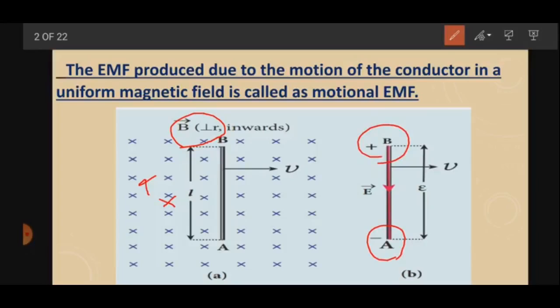Because of this separation of charges, there is a potential difference across the ends.